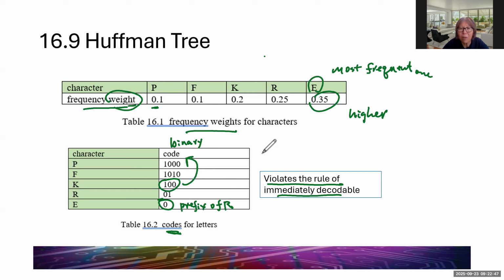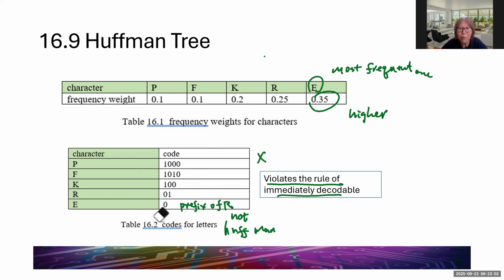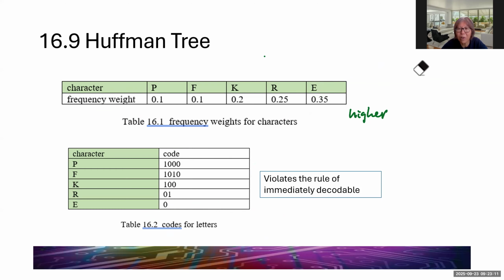So this is not Huffman coding. So then with this frequency table, how do we build the Huffman codes for these 5 letters? That is the question.